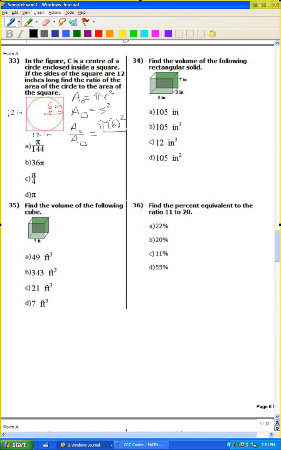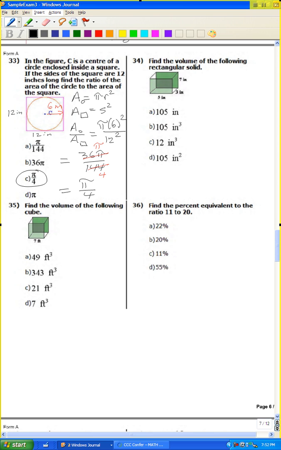The area of the square is just 12 squared. So this is 36 pi over 144. I can divide both 36 and 144 by 36. And so this is just pi over 4. C.